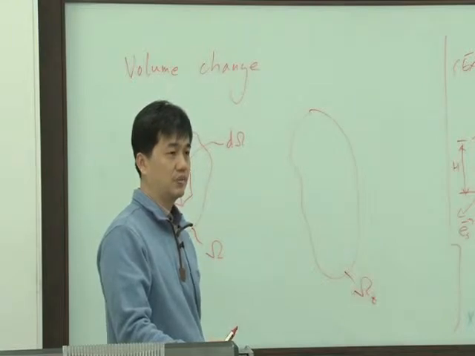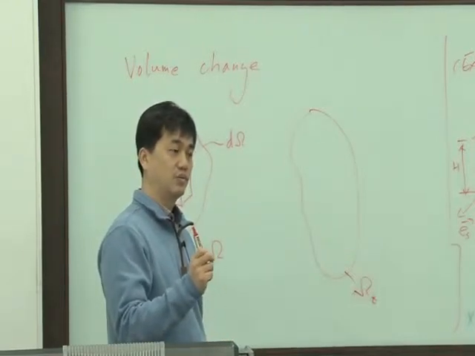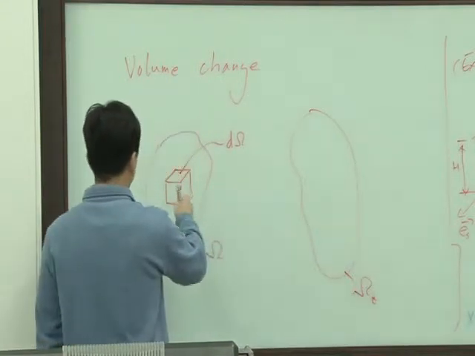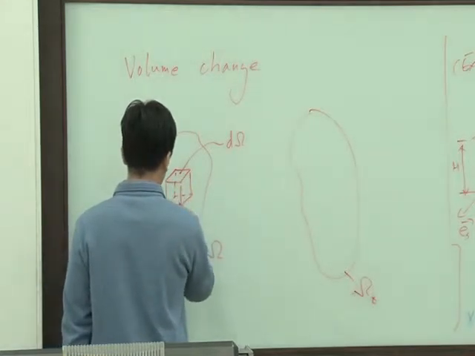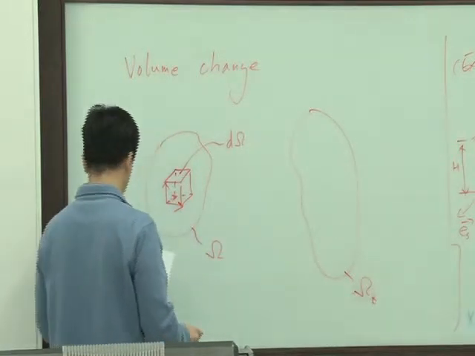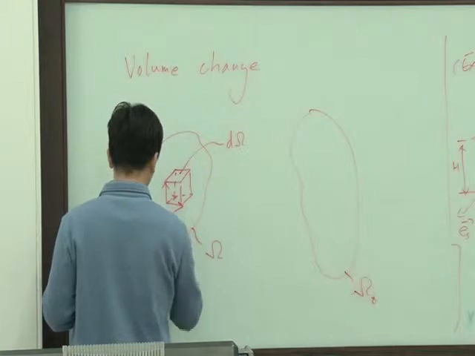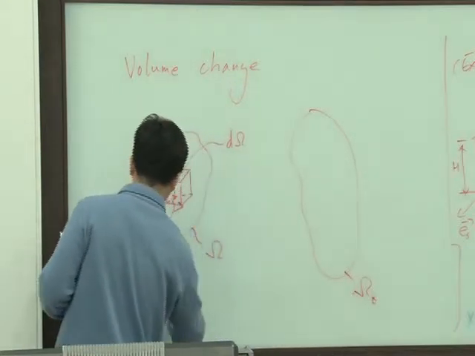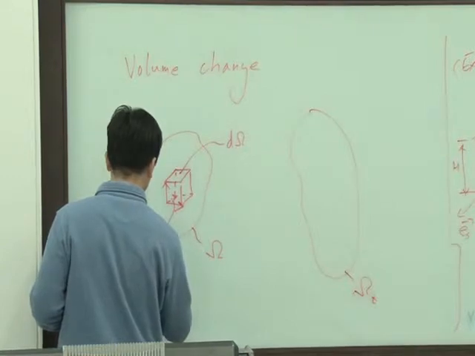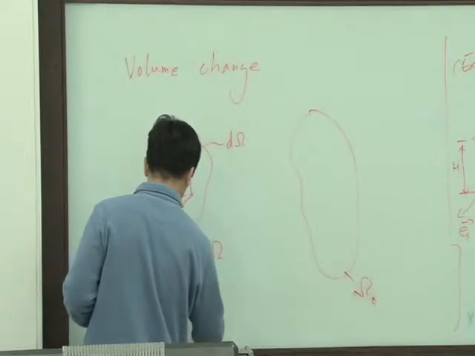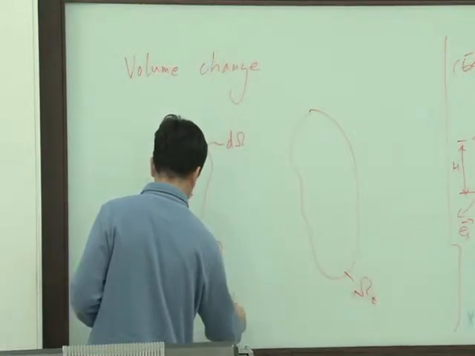So we can define the volume with a 3 vector, right? Once we know 3 vector, we can define the volume. Let's say we define this volume with vectors dX1, dX2, dX3.